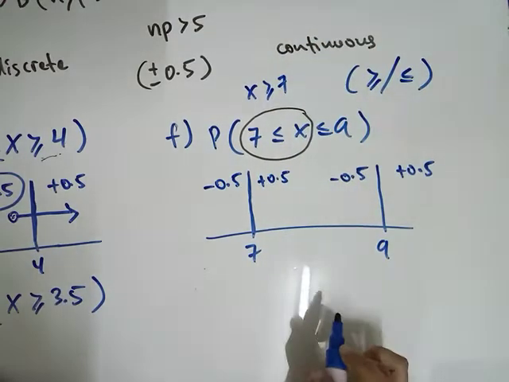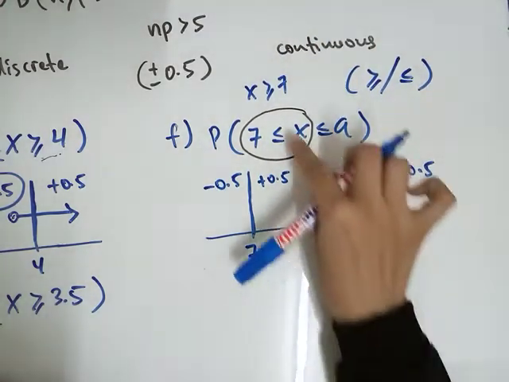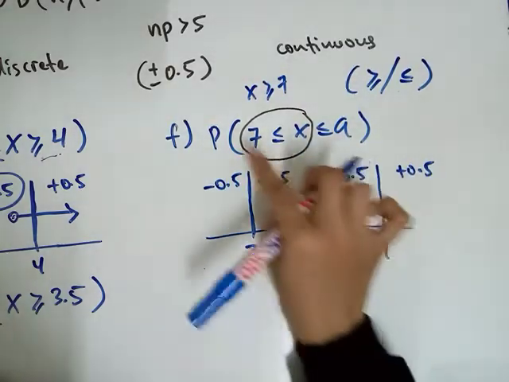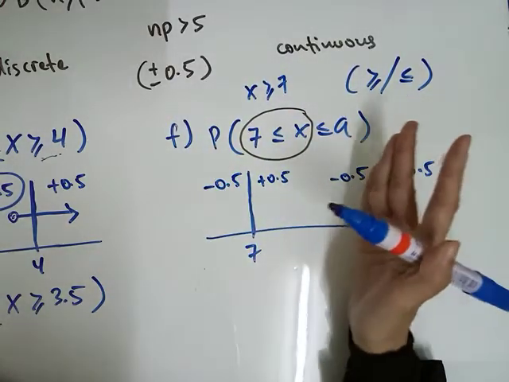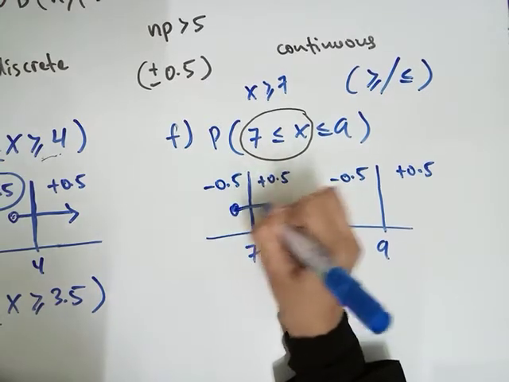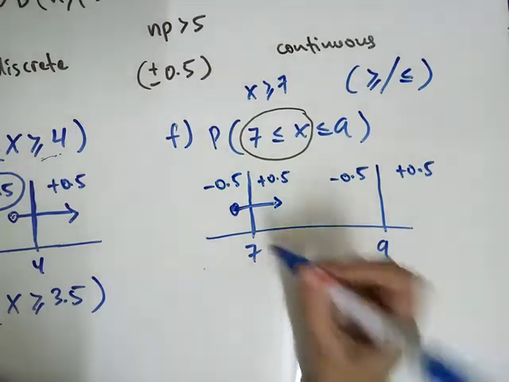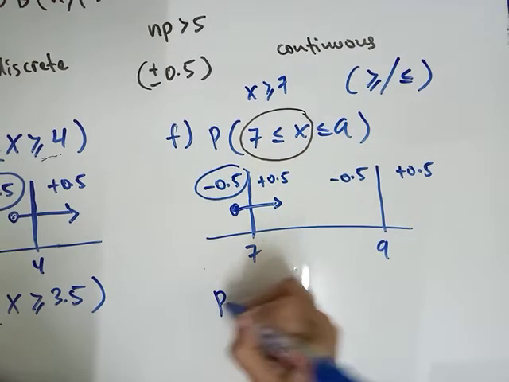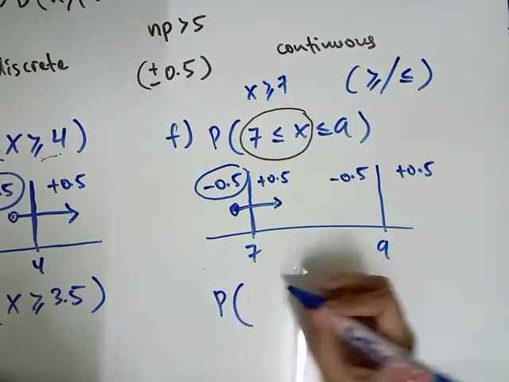Tengok bahagian dia terbuka. So more than 7, that means dia ke kanan. And then 7 termasuk, dia more than. So that means dia kedudukan pada minus 0.5. So probability 7 minus 0.5 is 6.5.